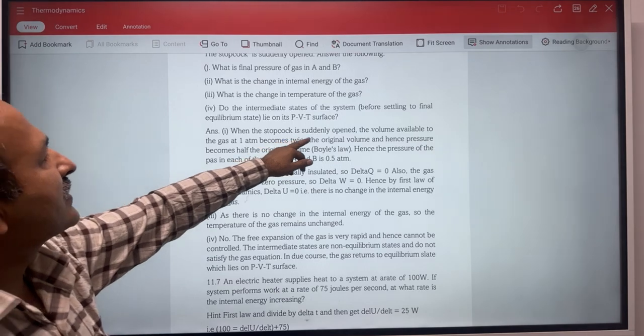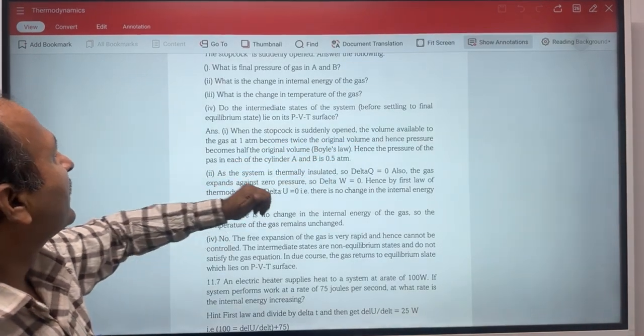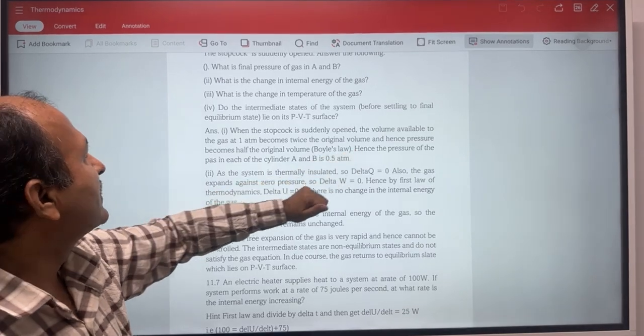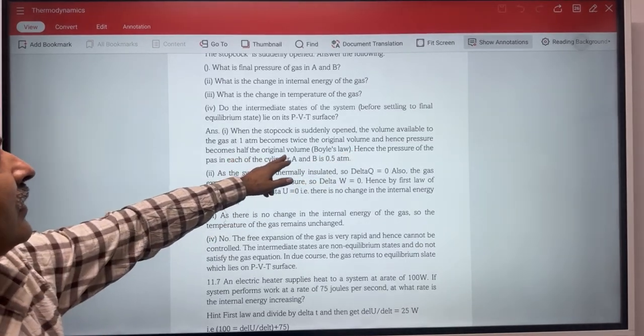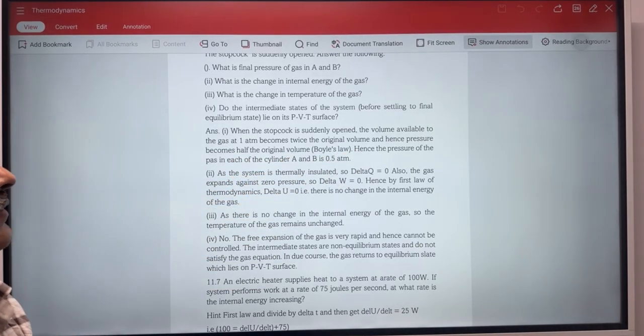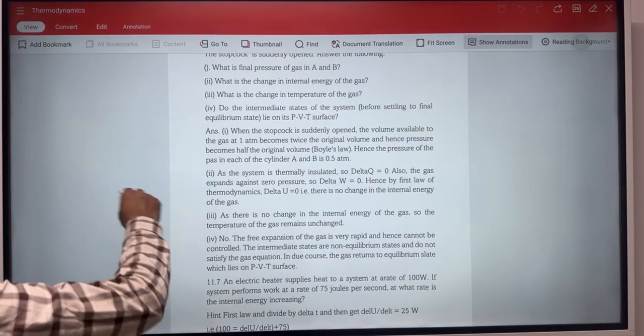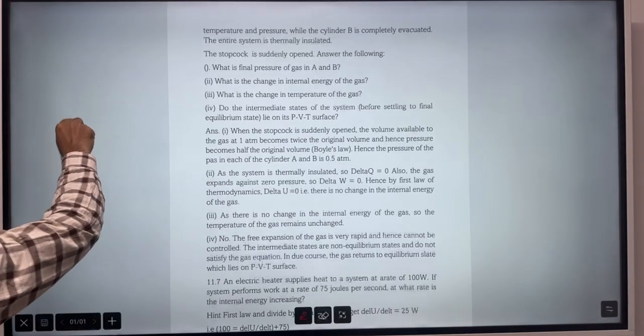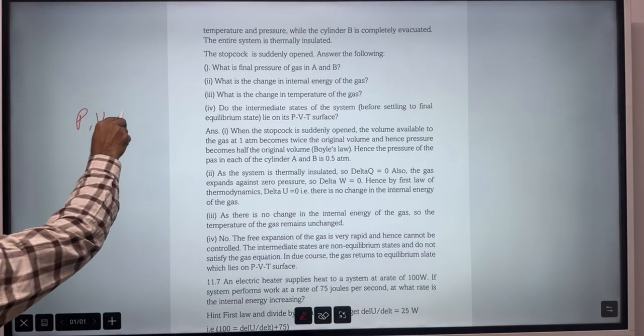When the stopcock is suddenly opened, the volume available to the gas at 1 atm becomes twice the original volume, and hence pressure becomes half the original. PV equal to constant, right? So from there we get P1 V1 equal to P2 V2.